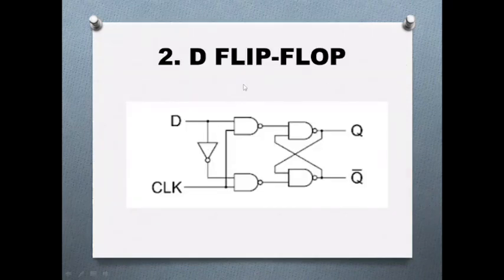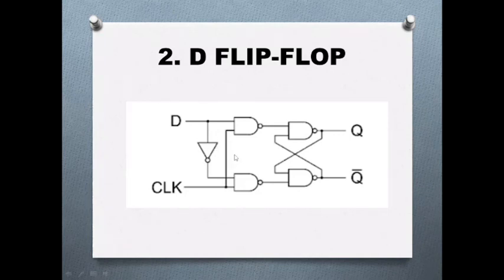This is the circuit diagram of the SR flip-flop. The main disadvantage of SR flip-flop is that when S is equal to 1 and R is equal to 1, both the outputs are the same, but that should not be true. So one way to eliminate this was by making a modification to the SR flip-flop, that is, by making a D flip-flop.